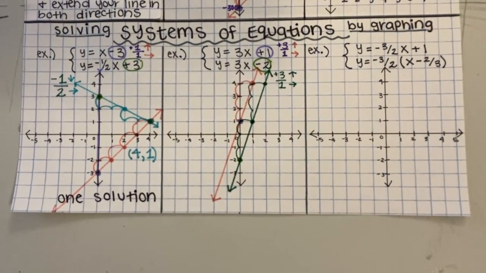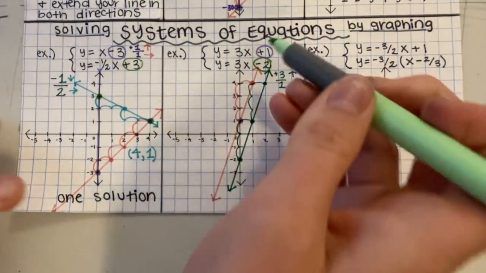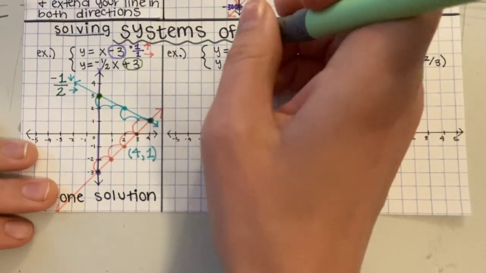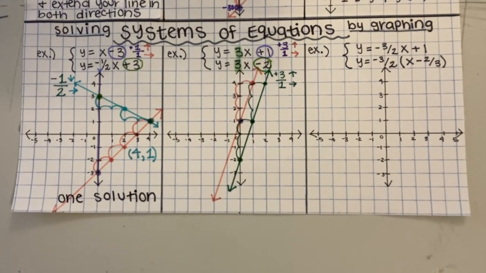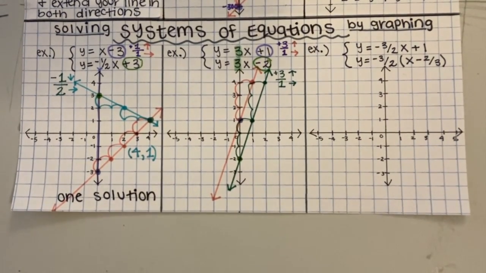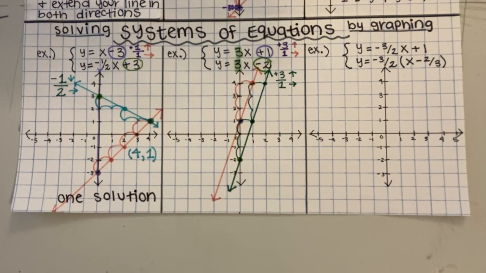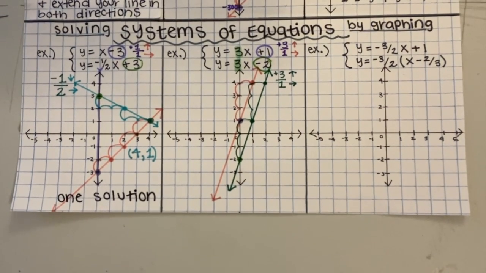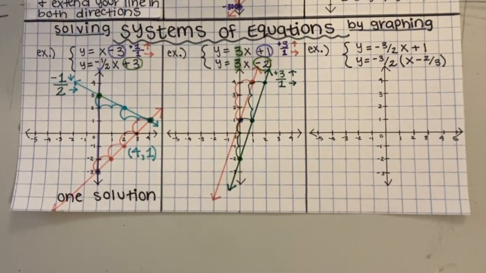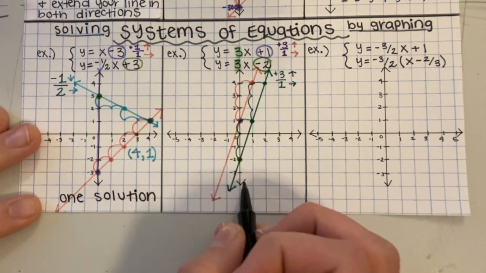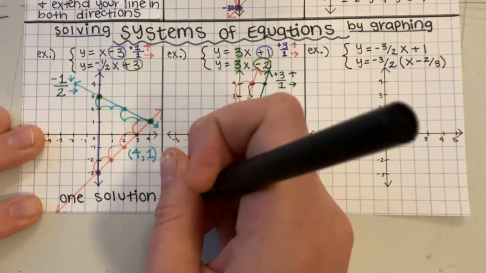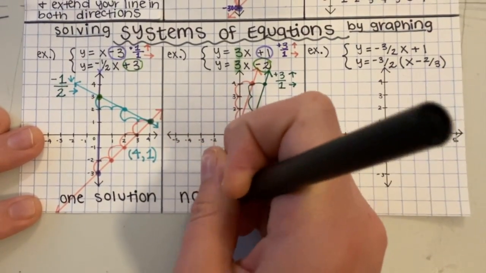So when my slopes are the same, but my y-intercepts are different, I end up with parallel lines. Parallel lines never cross. So if they never cross, there can't be a solution because my solution is when they cross. So if I have parallel lines, there is no solution.